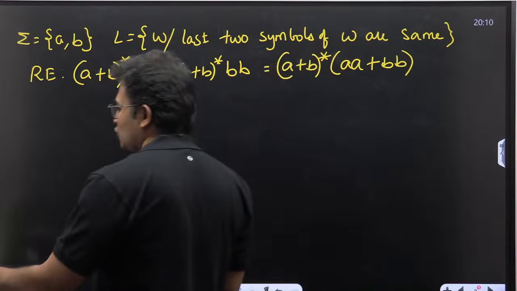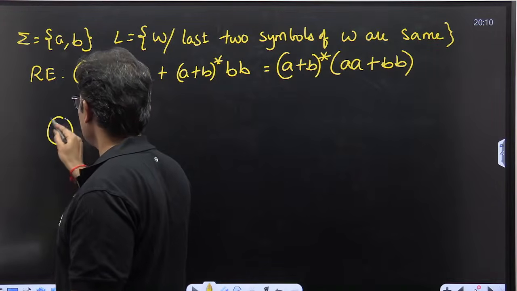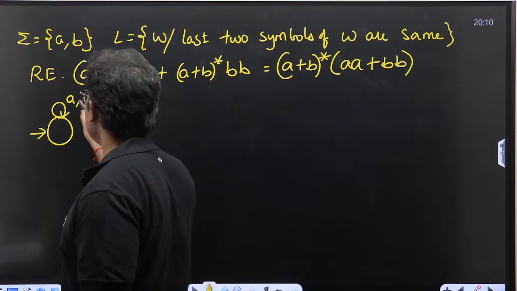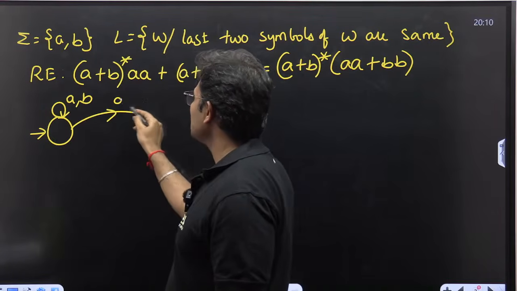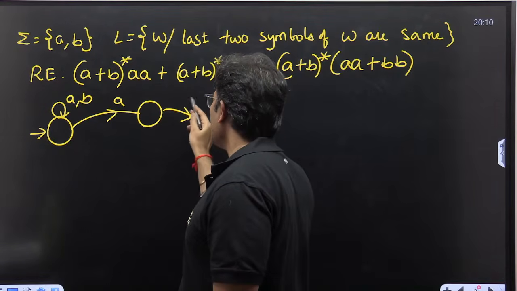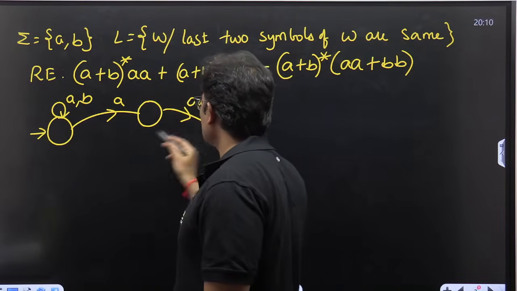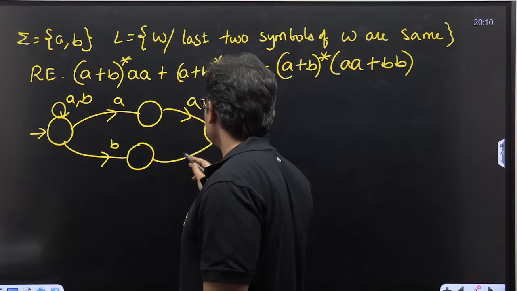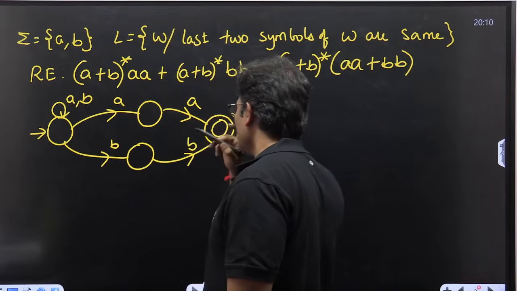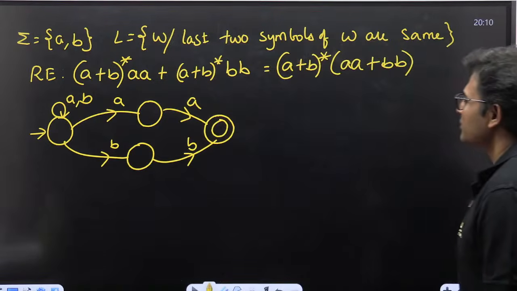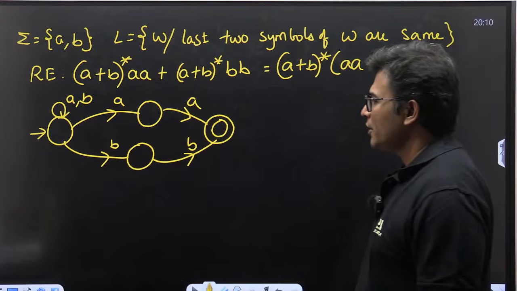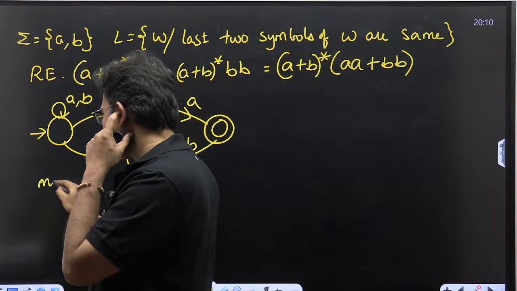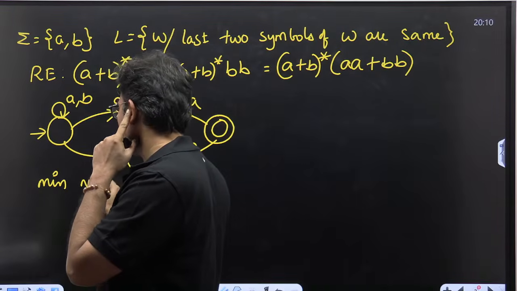The ending has to be AA or BB. So this is the minimal NFA.